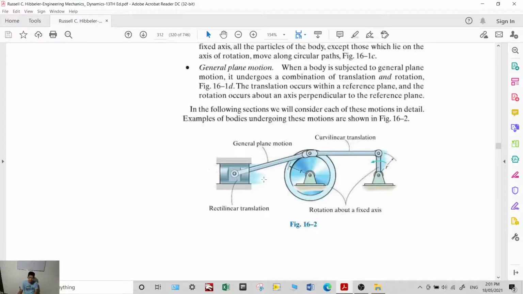The movement of this is just rectilinear translation. This one is a rotation about a fixed axis, as well as this one, and this arm is a general plane motion, and this curve represents a curvilinear translation.